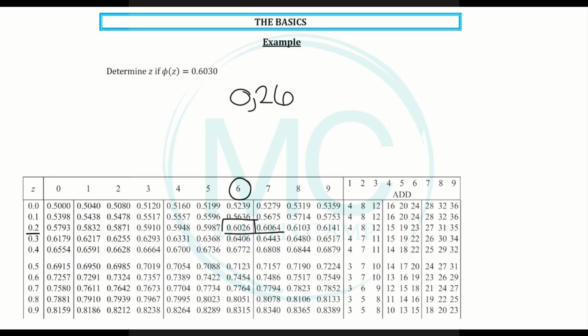I want 0,6030. So I need to add 4 to this value. I can go to my far column. Here I have 4, which means I add 1 to my z-score, and I get 0,261. This is the value of z.